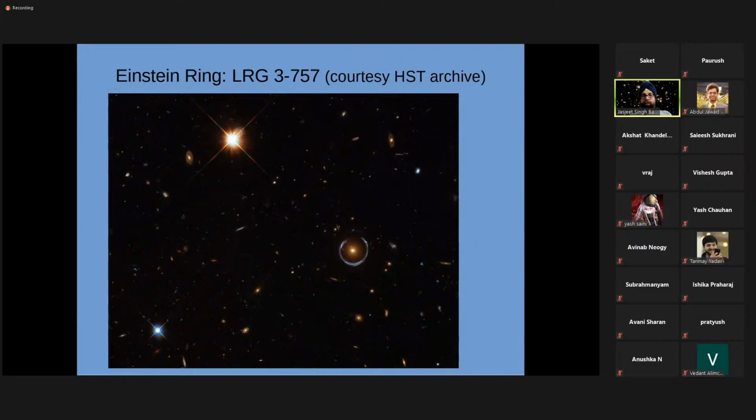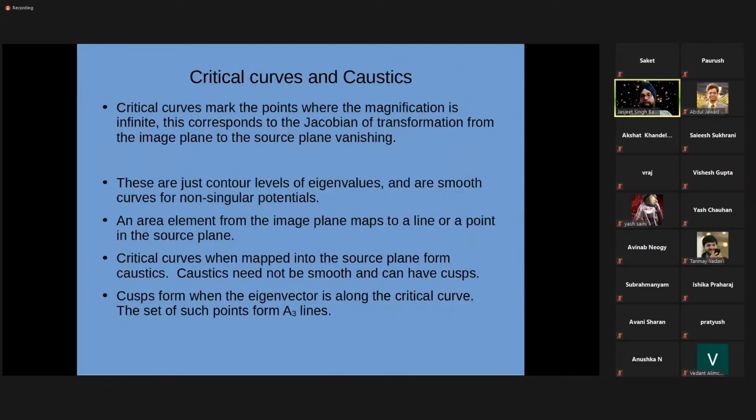So all locations on the image plane where the magnification is infinite for a given source redshift, they are called critical curves, and this corresponds to the Jacobian transformation from the image plane to the source plane vanishing. And these are just contour levels of eigenvalues of the second derivative of the potential.